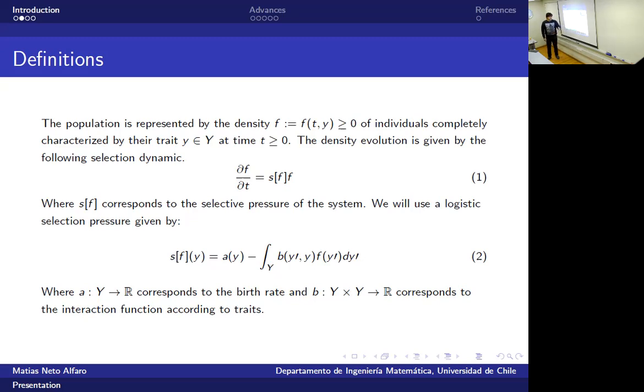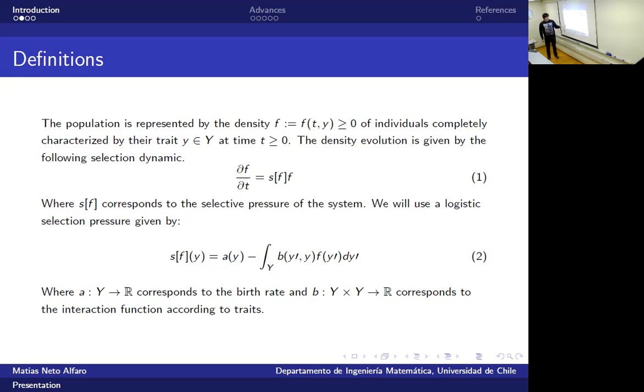For example, if b for some y's is equal to 1, that is interpreted as the interaction between those y's being competition. But if the interaction between those y's is -1, it means that this is a cooperative case.